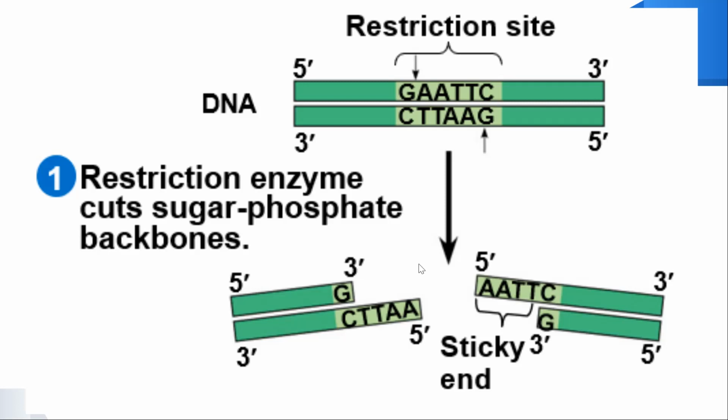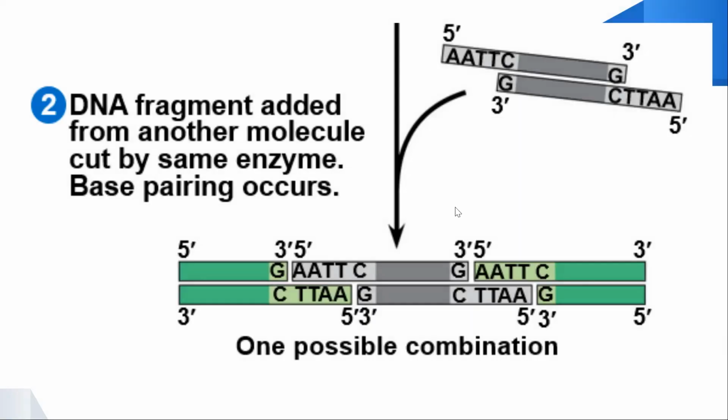So we could actually put these two pieces back because the base pairs will match. And so we can do the same thing with another piece of DNA. So a gene from another organism, if we cut it with the same restriction enzyme, it's going to have these same sticky ends. Those sticky ends can match these sticky ends, so they stick together.